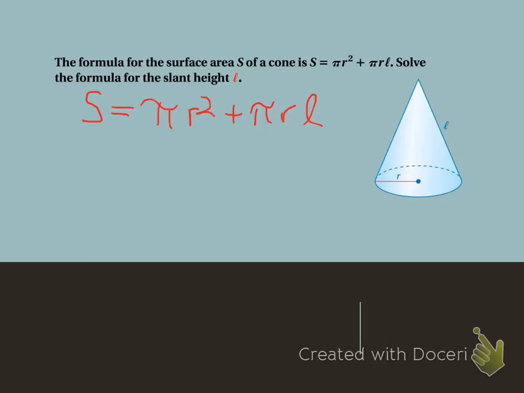So the first thing I'm going to do is get rid of what's added here, this pi r squared. So I'm going to subtract pi r squared. Remember, whatever you do to one side, do to the other. Those cancel out. I'm going to get pi r times the slant height, and over here is S minus pi r squared.